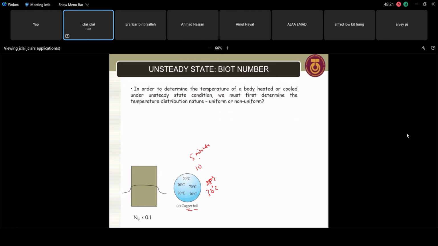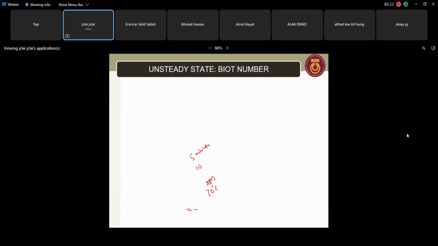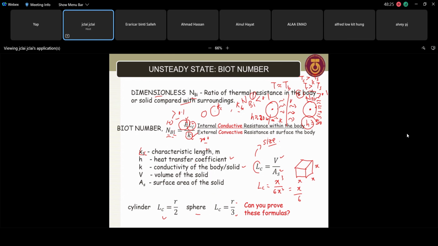I have mentioned there are two possibilities. One is when the outside temperature is 30, then inside is also 30 because the temperature distribution is uniform. But there is another situation, like the beef. Outside is cold already, but inside is still hot, right?